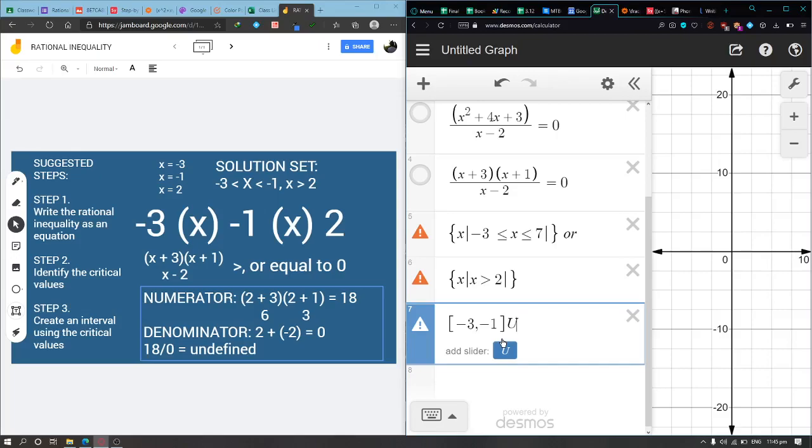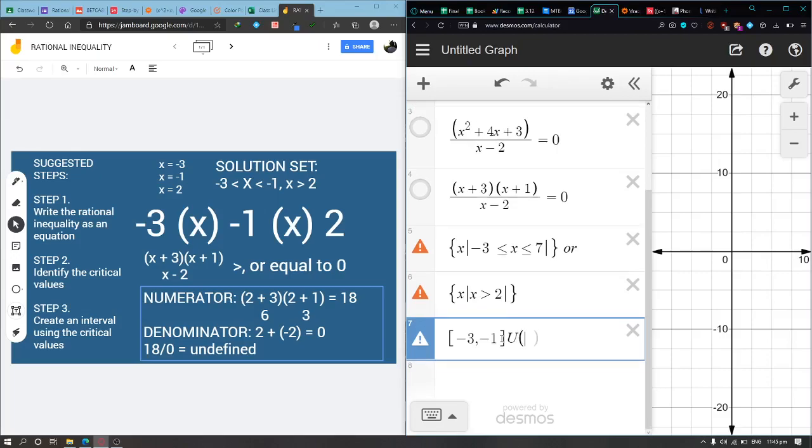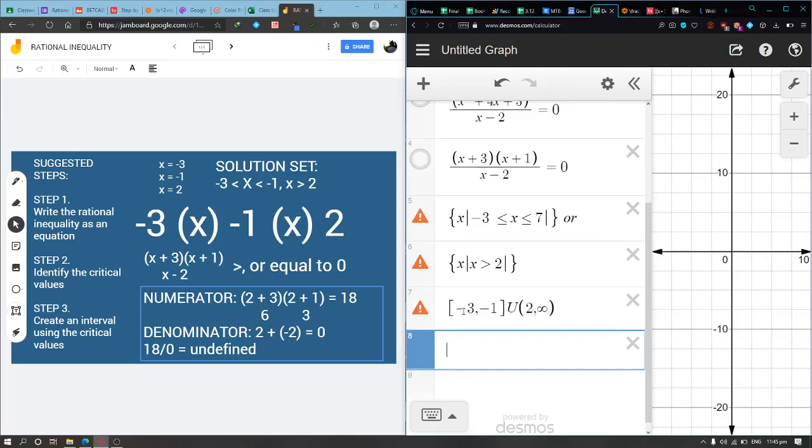So, since 2 is not included, we put a parenthesis. Meaning, 2 is not included. 2 up to infinity. Okay? So, since it is infinity, negative 3 up to negative 1, then 2 up to infinity.